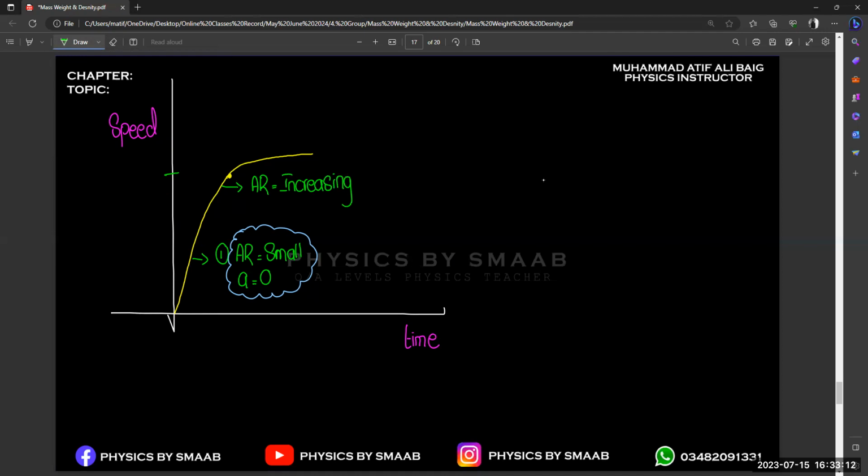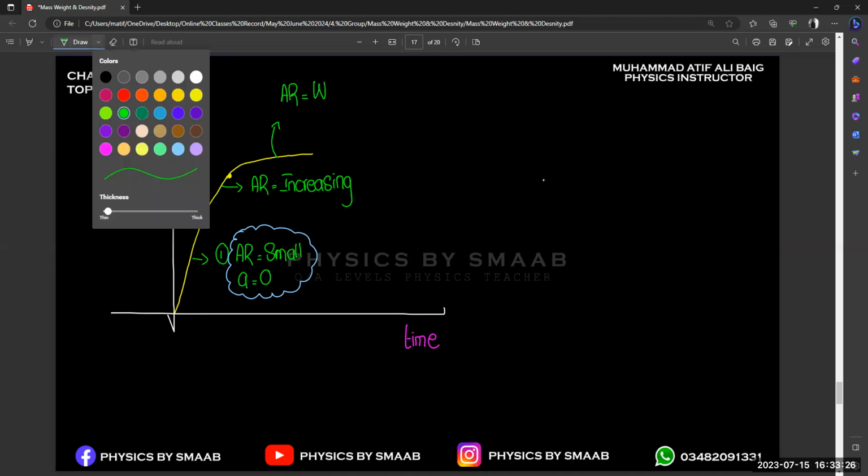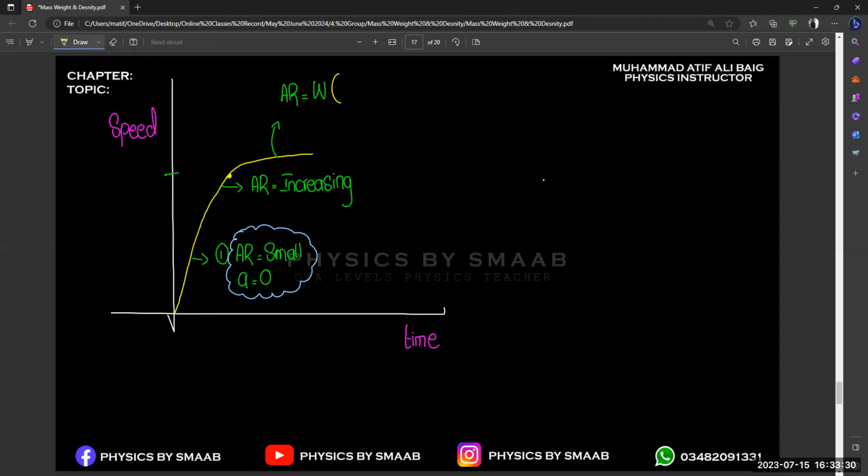So air resistance is increasing, and at this particular stage the air resistance balances the weight of an object, right? And at this stage we achieve our first terminal velocity, for a single body moving from a height to the ground.